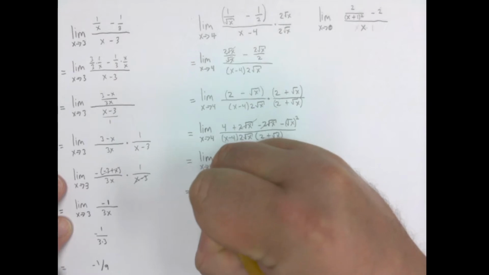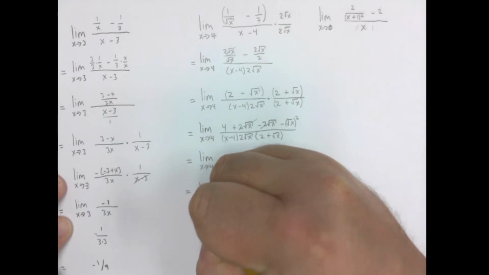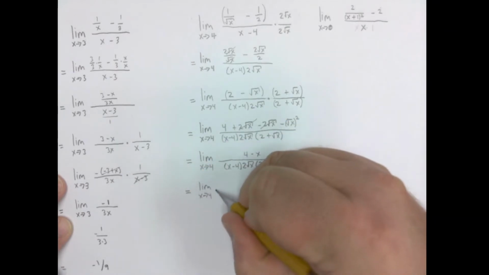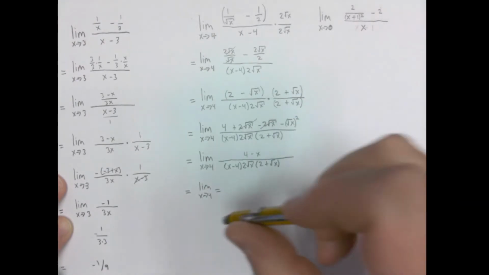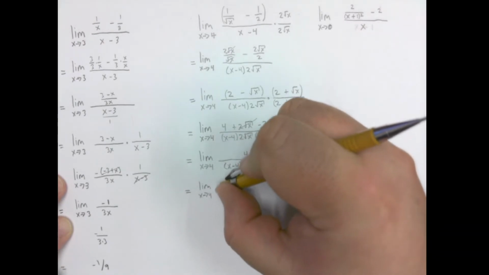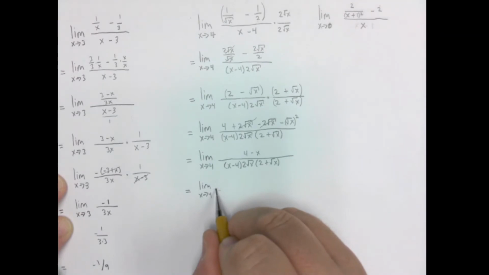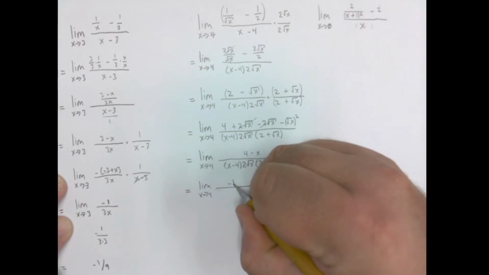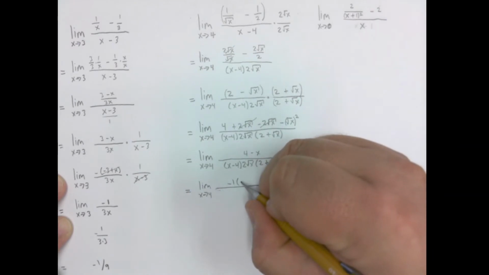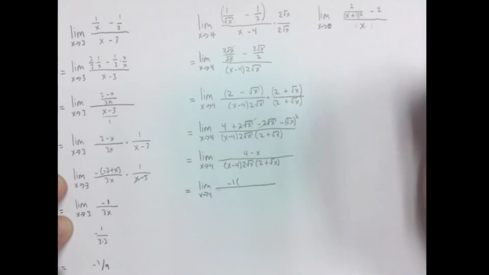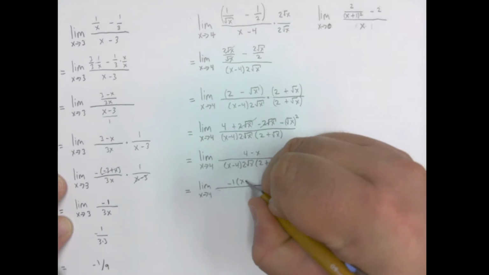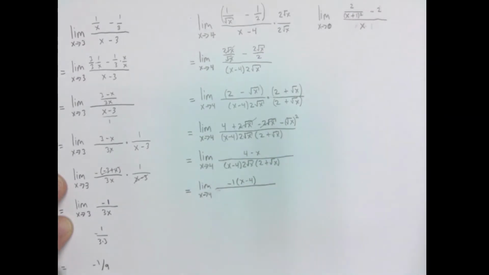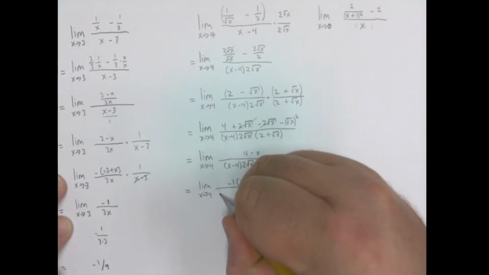So we get the limit as x approaches 4. Oh, there is no equals right there. We factor out a negative 1. That gives us negative 4 plus x, or we can just write x minus 4. That looks a little better. Over x minus 4.